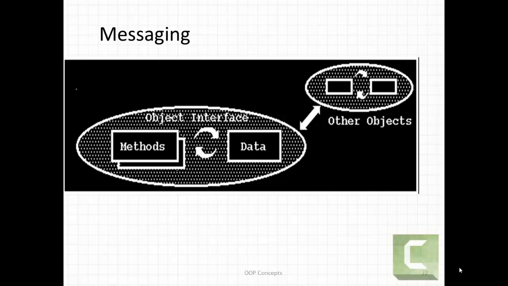If you see this example, there is an object interface and other objects. The object interface has a few methods and data, and other objects are trying to communicate with it. So messaging is a very important feature of object oriented programming, where objects are communicating among themselves.